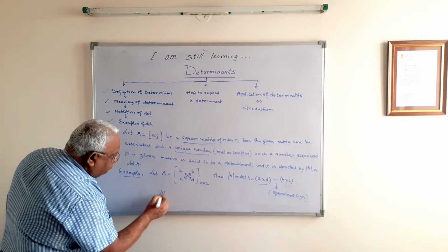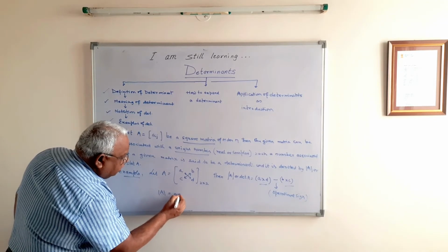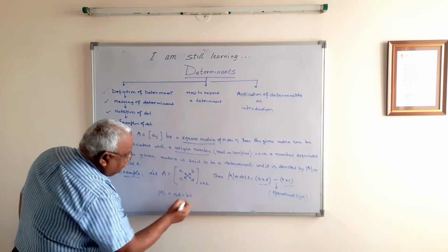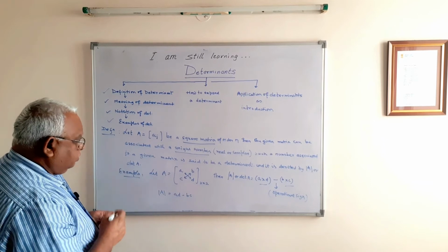So determinant of A is nothing but AD minus BC.